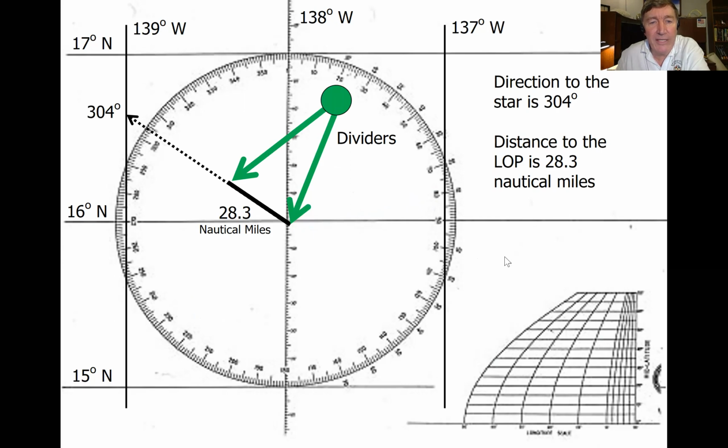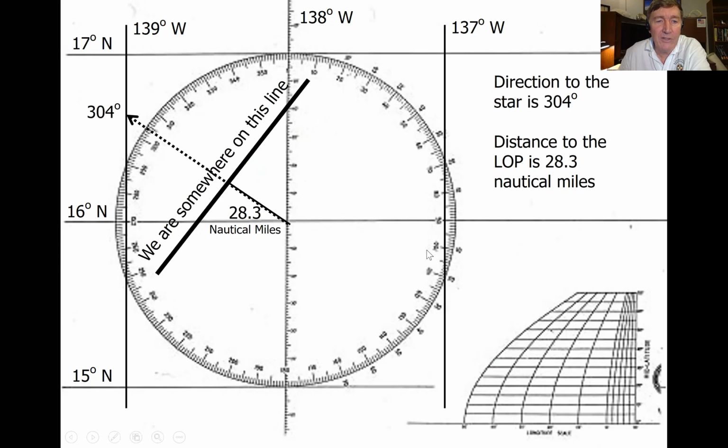The LOP is the line that's perpendicular to that, in other words at right angles to that. So if we draw that line, congratulations, we have got our LOP. We know that our real true position is somewhere on this line.